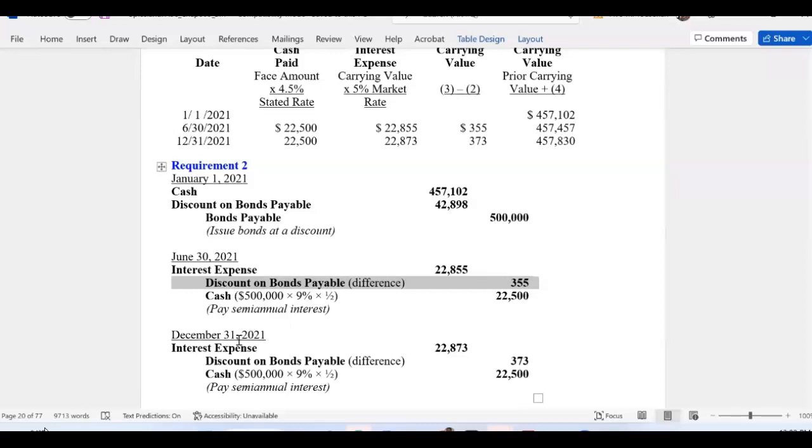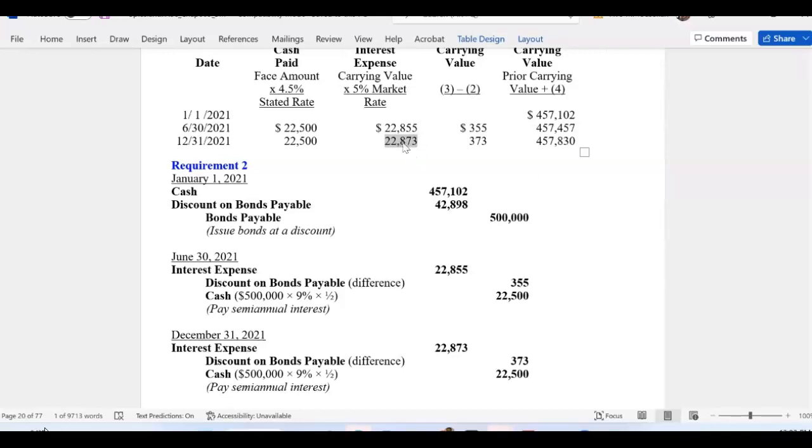So the next 6 months, the second 6 months, the payment is obviously always the same thing, 22,500, based on 9% divided by 2. However, your interest expense should be something different, which, based on the schedule from your Excel, you will see the interest expense is 22,873.